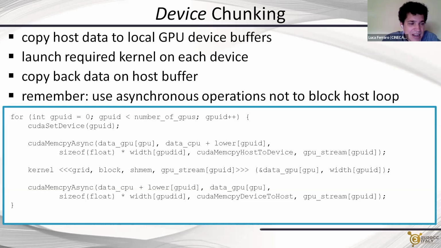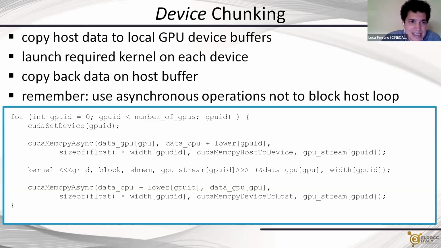But this is tricky to code. It is also inefficient because this movement of data between the GPU and the host, and from the host to the other device, takes place spending, let's say, useful CPU cycles to manage this transfer. Okay, we can do better.